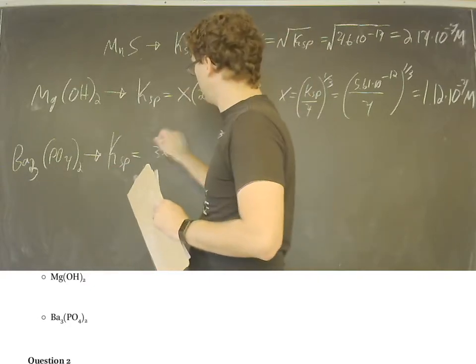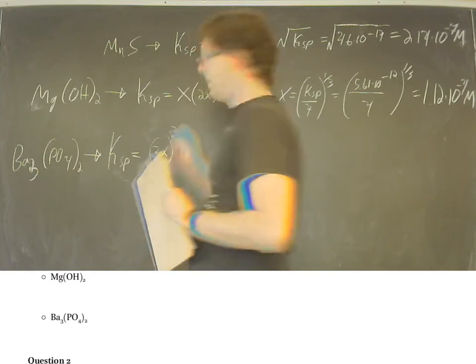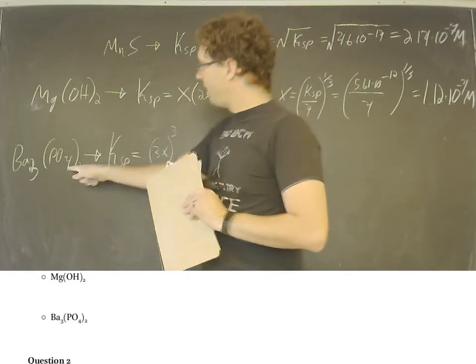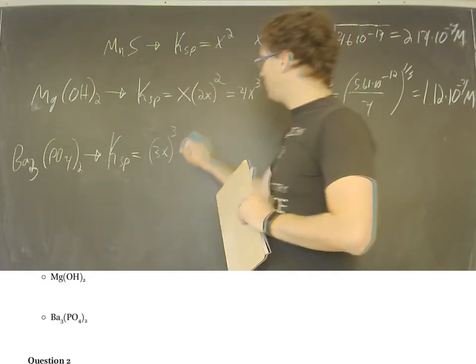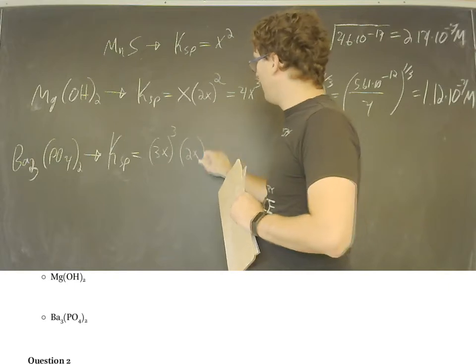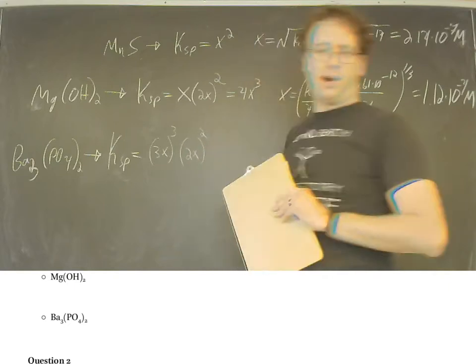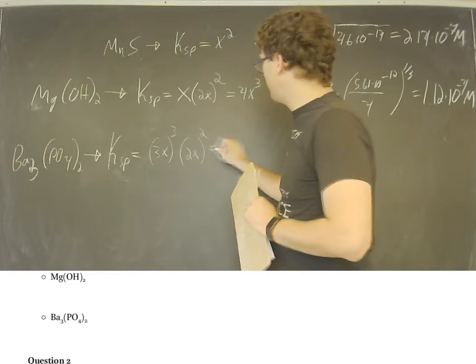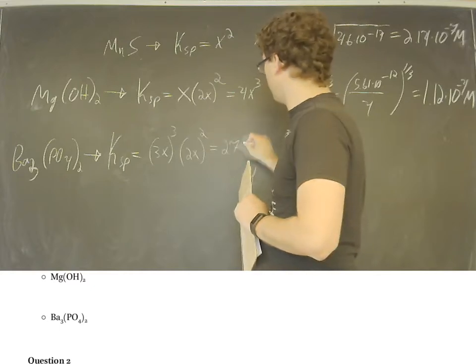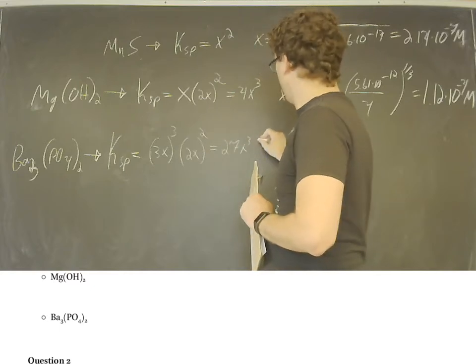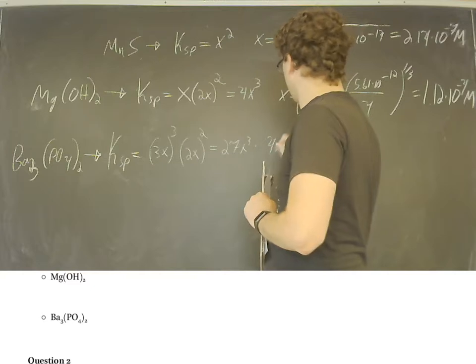Because of that 3, that will be a 3x, and then that will need to be cubed. And then the phosphate concentration will be a 2x, and that will need to be squared. And this ultimately will give us 27x cubed times 4x squared.